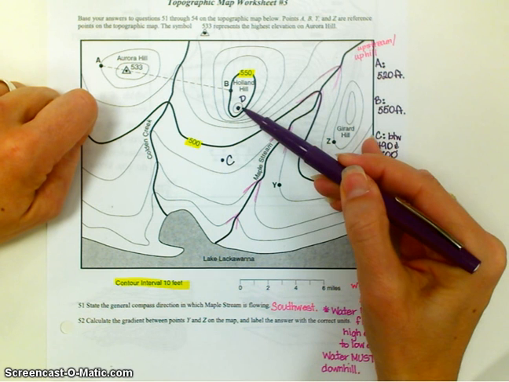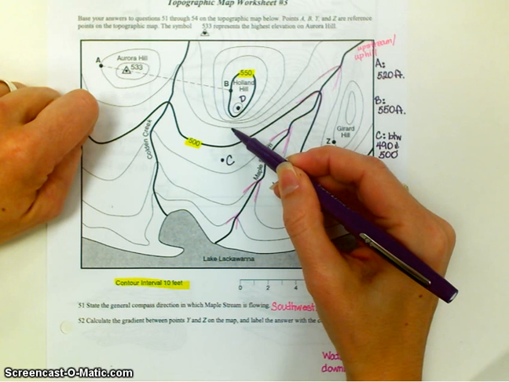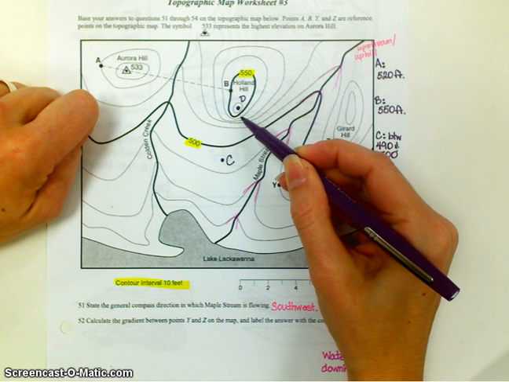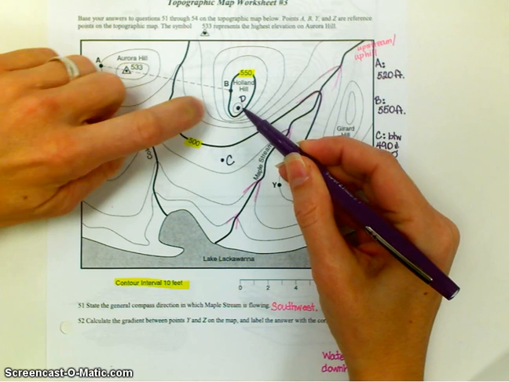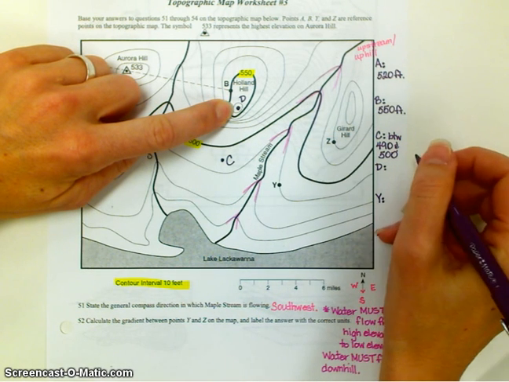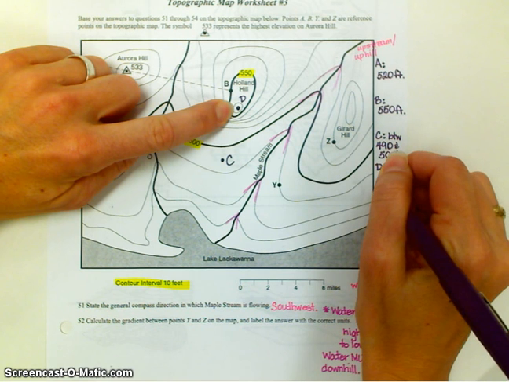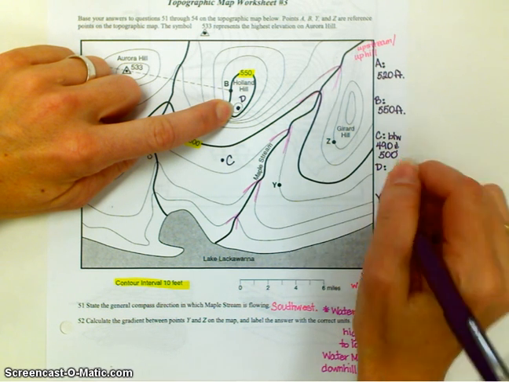Point D, you have a similar situation. It is not on a contour line. 500, 510, 520, 530, 540, 550, and the small circle is 560. D sits inside the small circle, so I know that D is more than 560, but I know it's less than 570 because there is no 570 contour line.